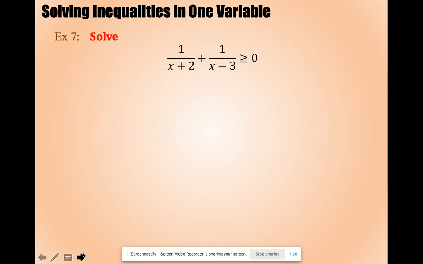Uh-oh, more fractions. Prerequisite knowledge. Combine that into one fraction.